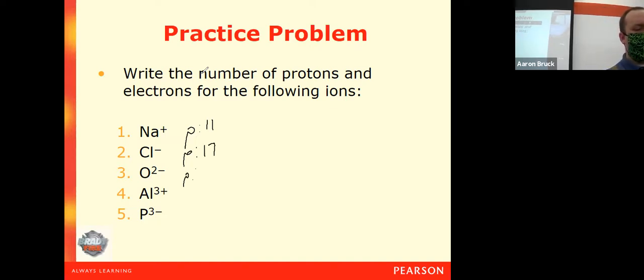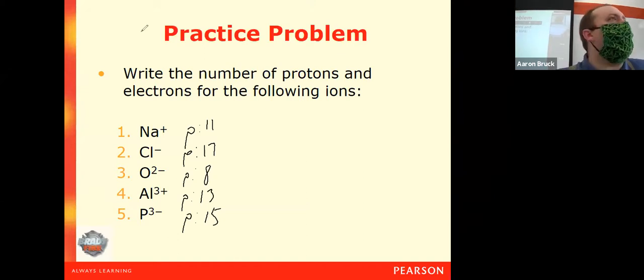How many protons in an oxygen? 8. In aluminum? 13. In phosphorus, we just covered, 15. So that part's easy. We already knew how to do that. We just need to find that element on the periodic table and write down its atomic number.